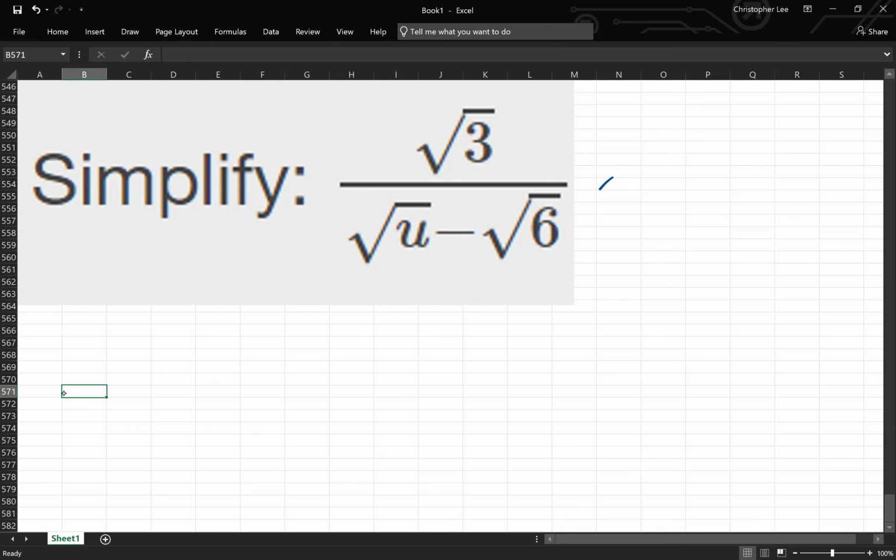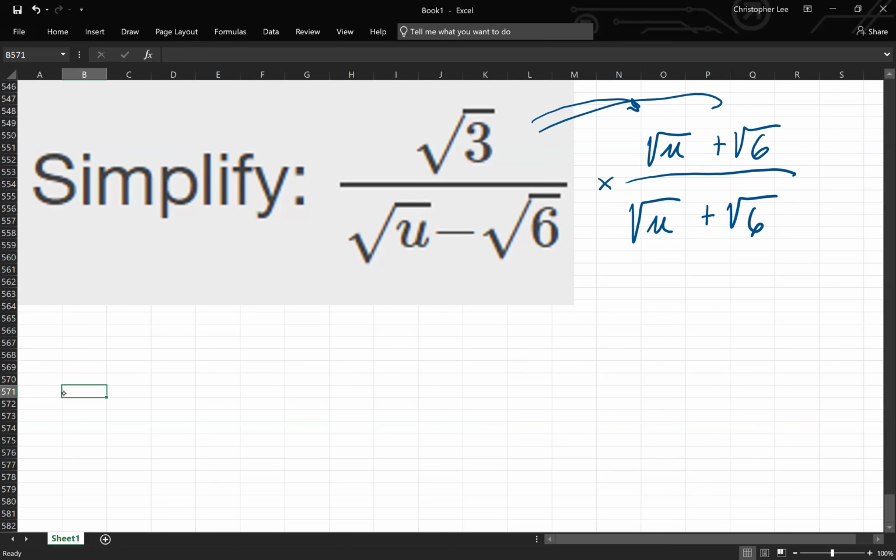So I'm going to multiply this by the conjugate. So this is going to be square root u plus square root 6. That's the opposite. And on the top, square root u plus square root 6. And after that, everything is straightforward. Same way, we're going to distribute.